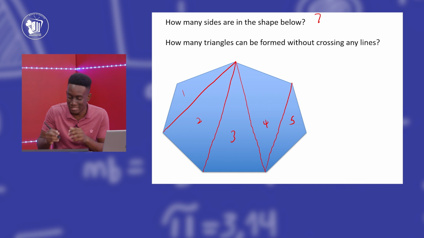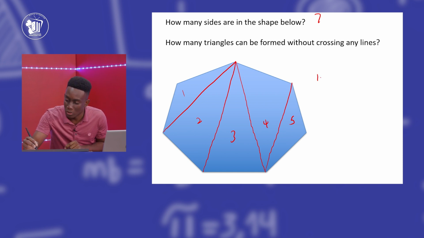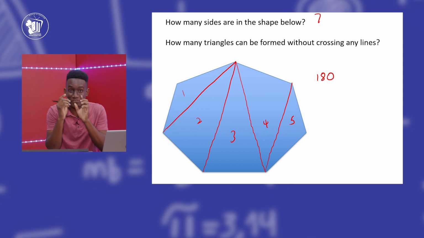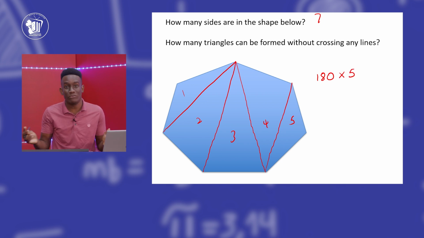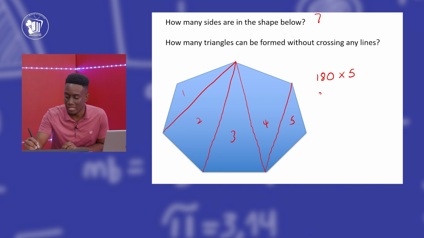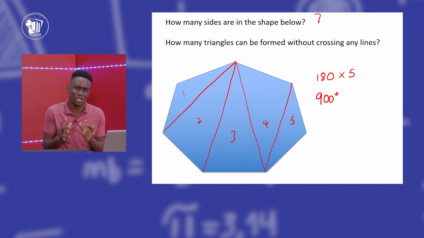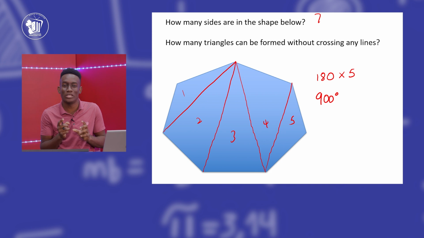To get the sum of the interior angles, it will be 180 because 5 triangles are formed, multiplied by 5. So if we do the math and multiply 180 by 5, we will get a sum of 900 degrees. And all of this was discovered simply by knowing the sum of the angles in a triangle.